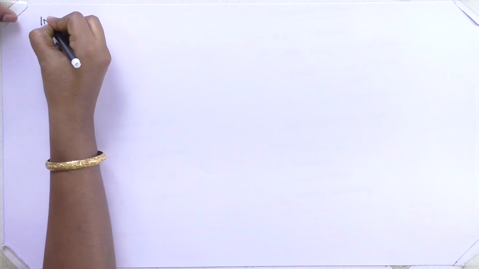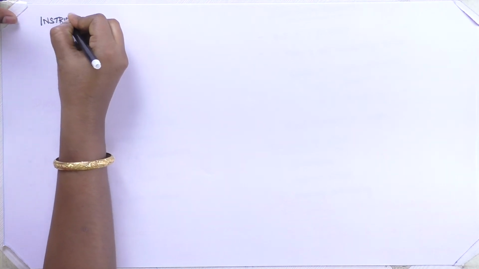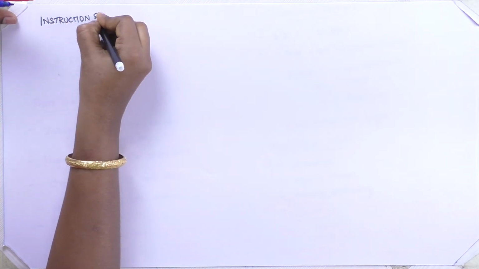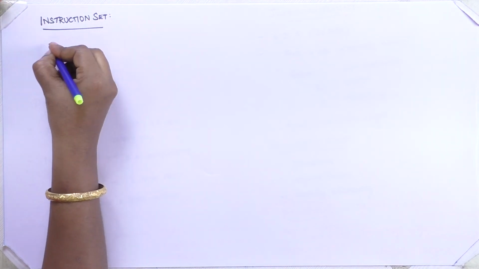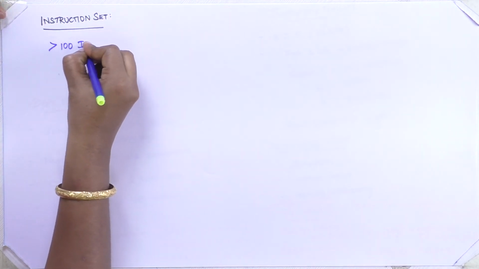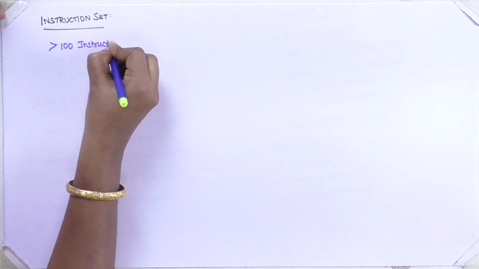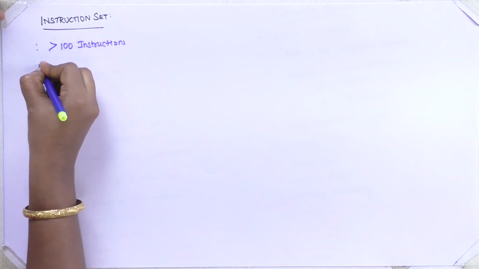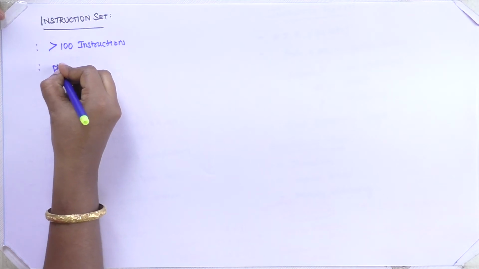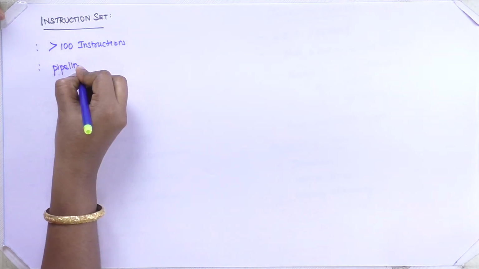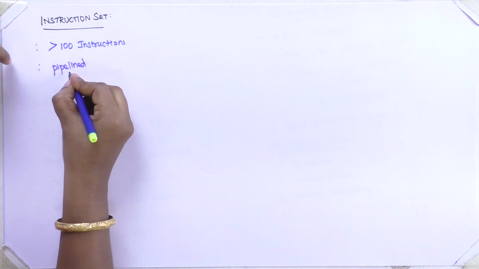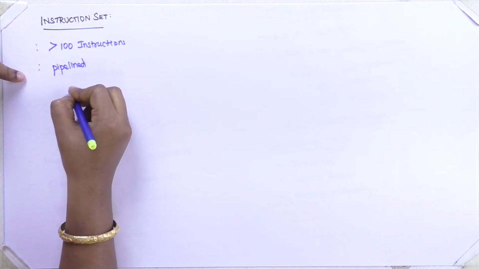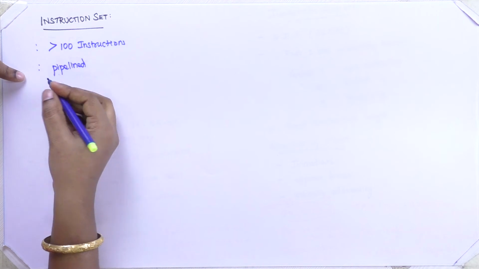Next, instruction set. Under instruction set, we have more than 100 instructions. The execution of instructions is pipelined execution. Pipelined execution is nothing but while one instruction is executed, the next one is fetched from memory and decoded.